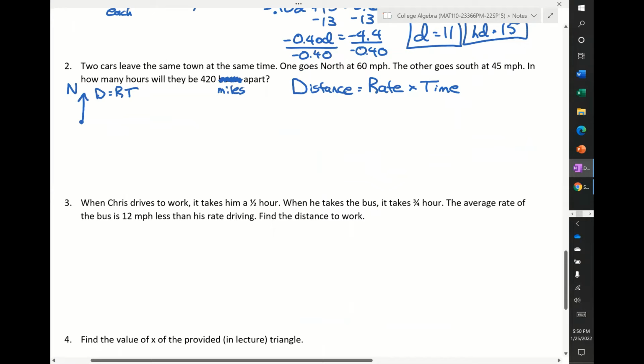He's going north at 60 miles an hour, so 60 would go in for R. That's the car going north.